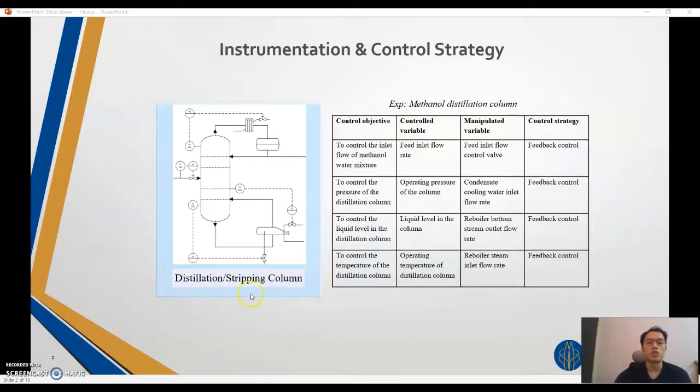And for distillation and stripping column, we take the example of the methanol distillation column. We use feedback control strategy to control the inlet flow rate, pressure, liquid level, and also temperature in the distillation column. And we're manipulating the inlet flow rate, condenser cooling water inlet flow rate, reboiler bottom stream outlet flow rate, and also reboiler steam inlet flow rate.